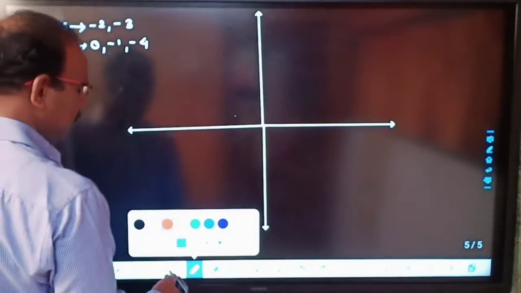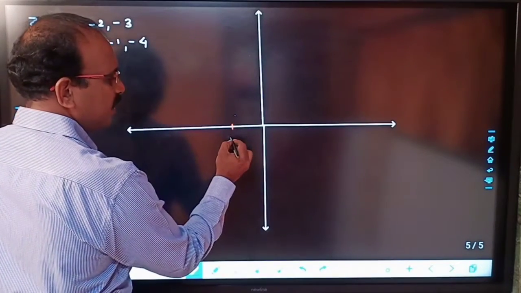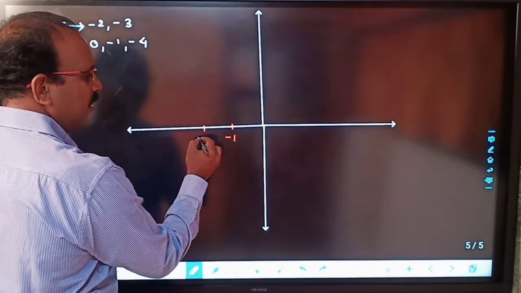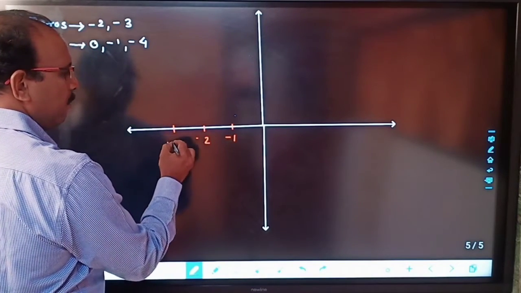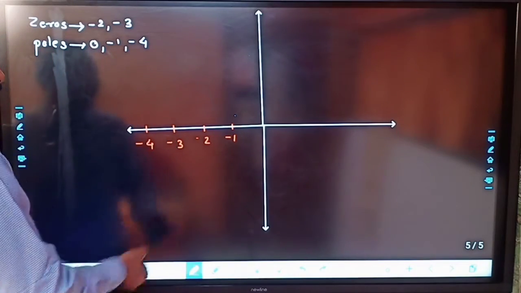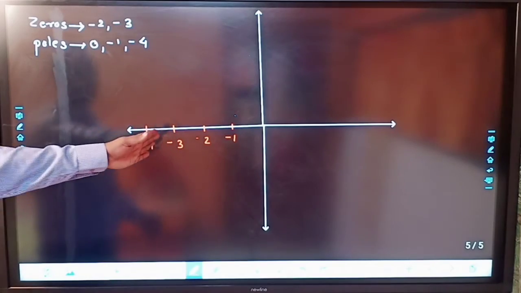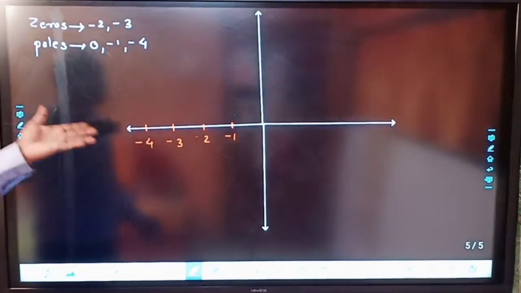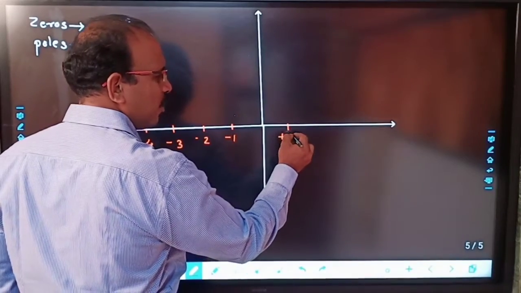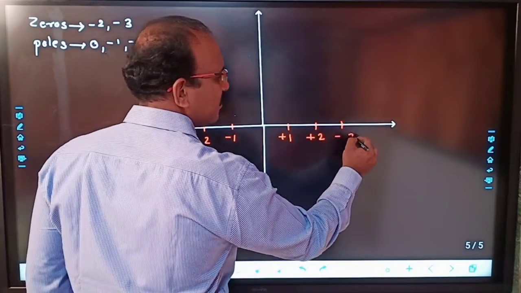I make some margin: this is the minus side, this is minus 1, minus 2, here minus 3, here minus 4. Till what level can I extend? Maximum I have to extend till 4, so I cannot write till 5, 6, 7. It's not needed. Even the positive side is actually not required, but for mentioning I will just mention plus 2, plus 3 like this.